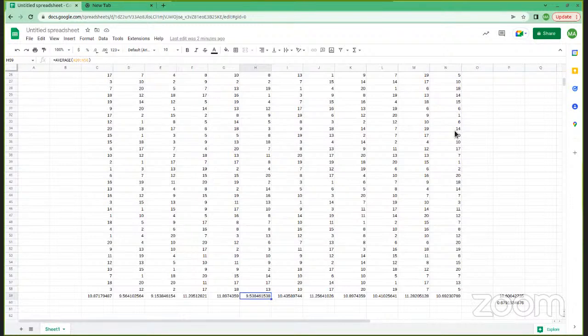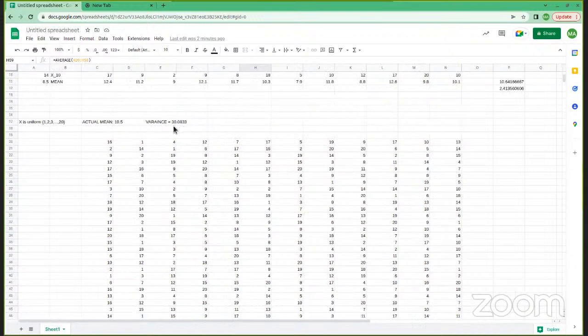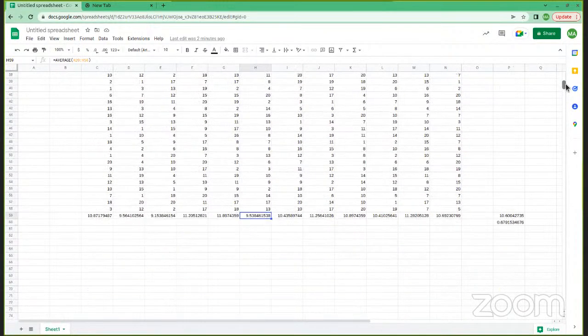Usually this sigma square by n works out like this: if this is your 35 samples, the sample mean is 10.871 and the variance is 30.0833 divided by 35.